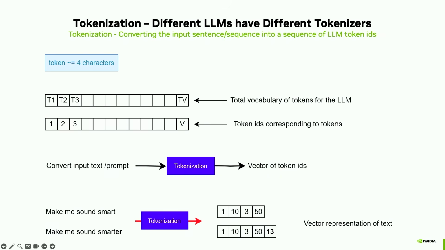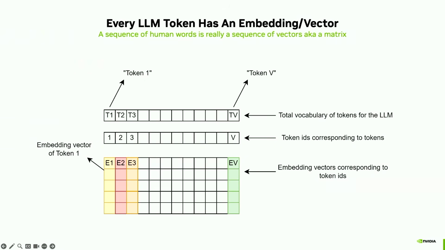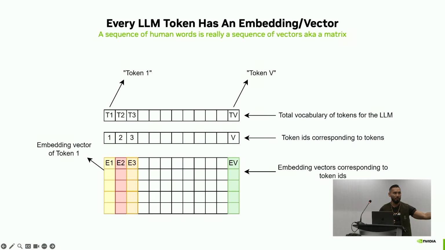So now we have text, we hit a vector, right? From there, each one of those LLM tokens has a corresponding embedding vector. Embedding vectors are everything. We embed videos, we embed images, we embed text tokens. Think of it as a representation that an LLM can use to compare things and do math on.